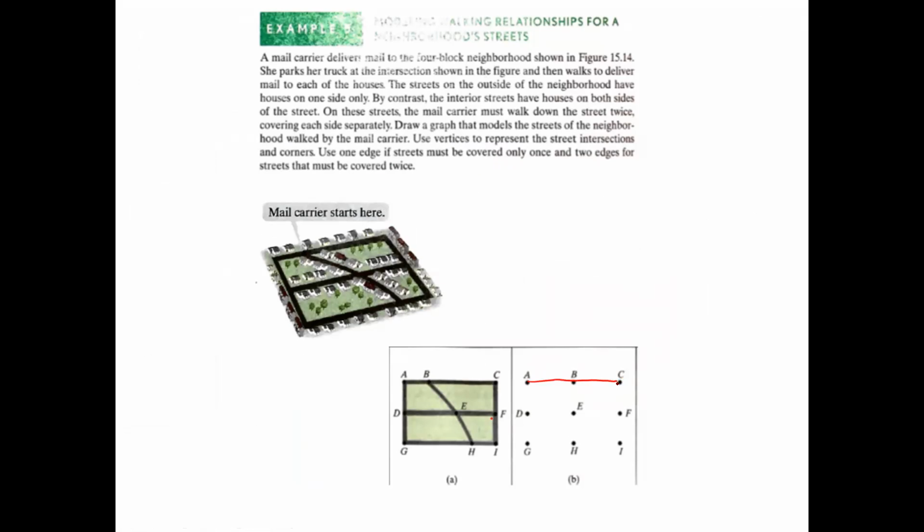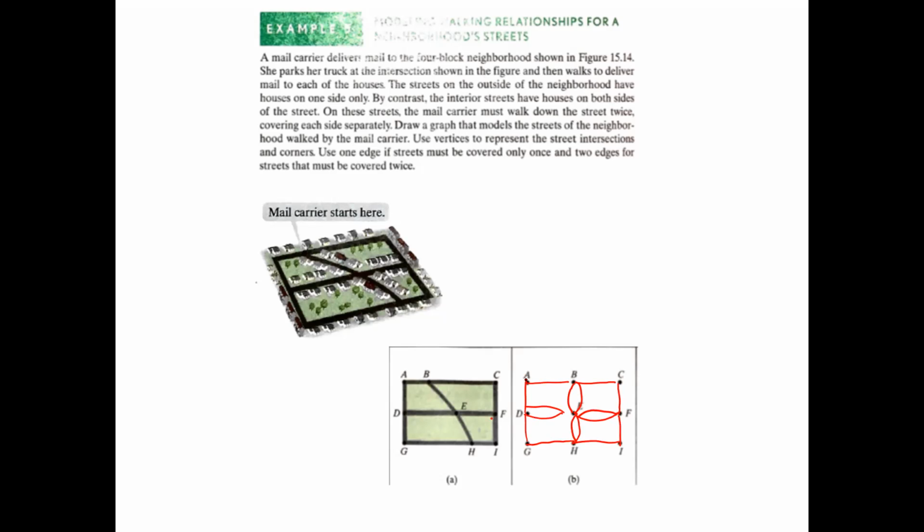A, B, C, F. Actually, I'm going to do it this way. A to B, B to E, E back to B, C, F, F to E, back to F again, I, H, back again, back to A.